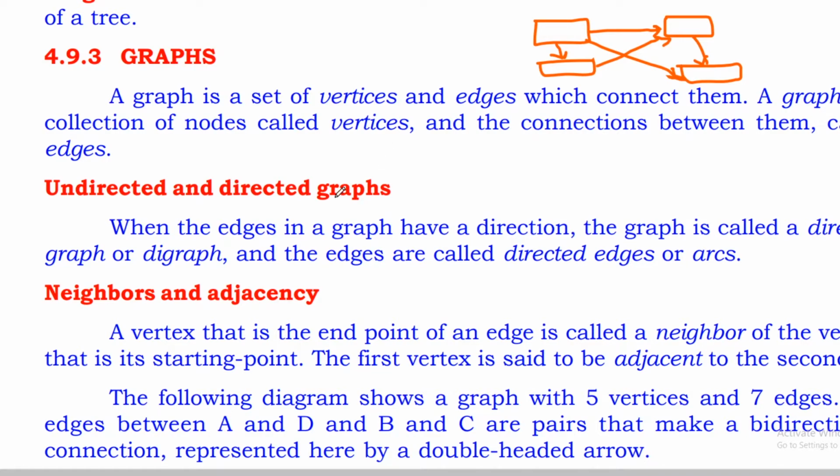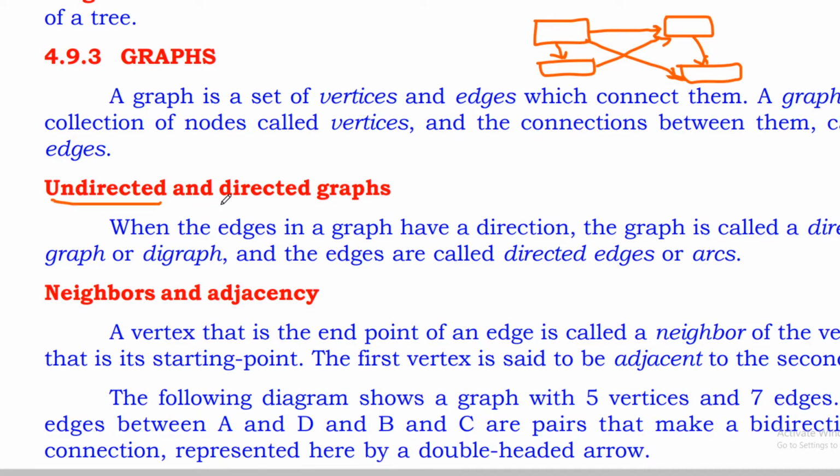Let us learn about vertices and the connections between them, called edges. When you are connecting these things, they are called edges. These lines with arrows represent edges. This represents a vertex, and together they are vertices. So, undirected and directed graphs. Let us learn about different types of graphs.